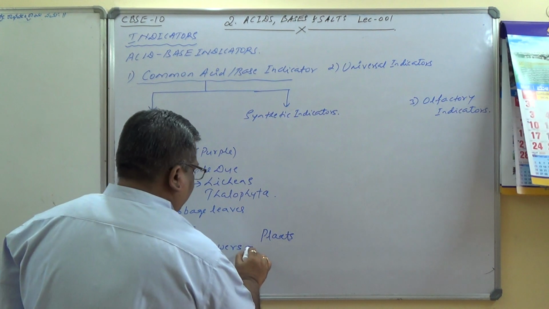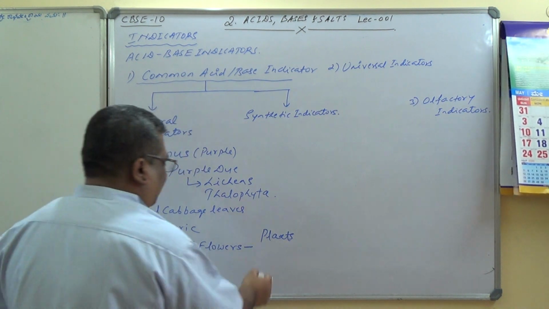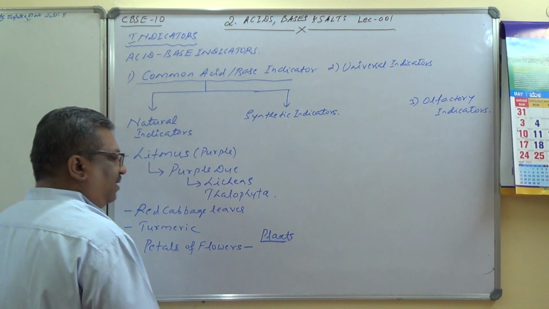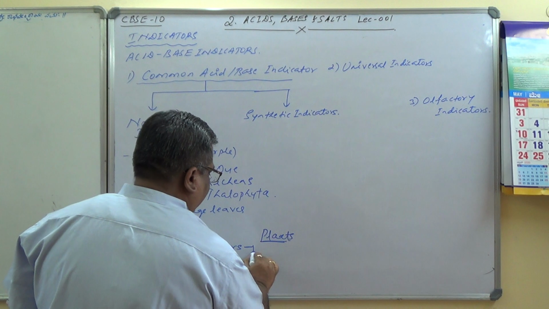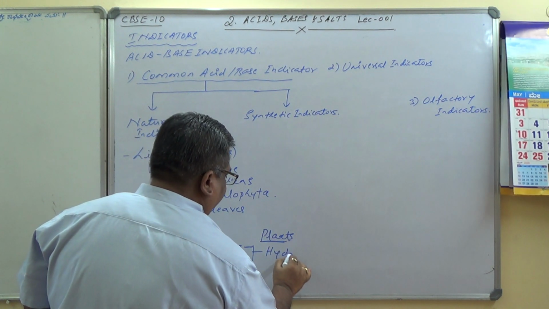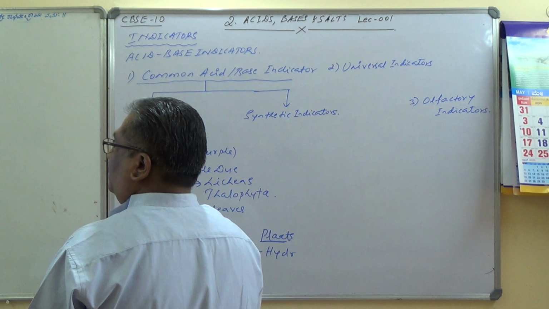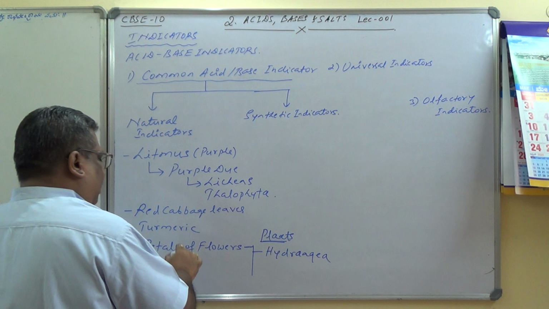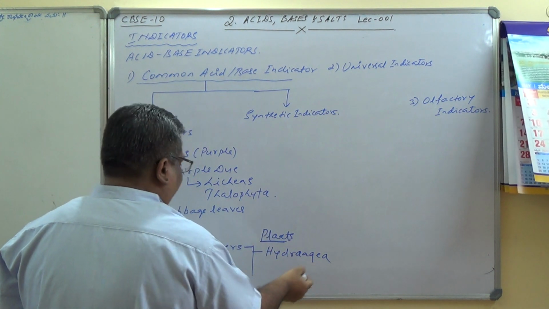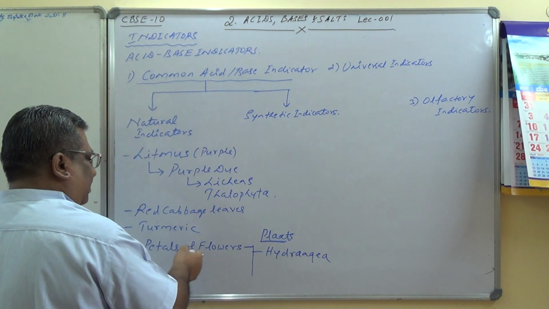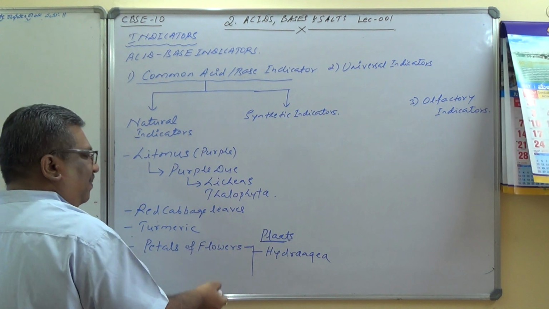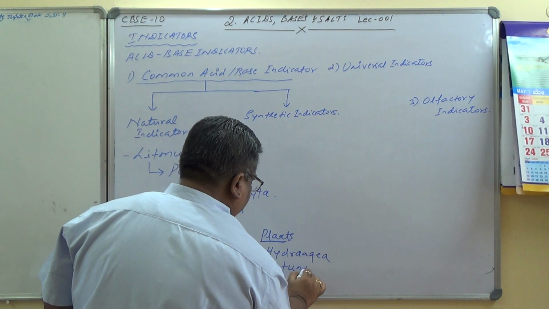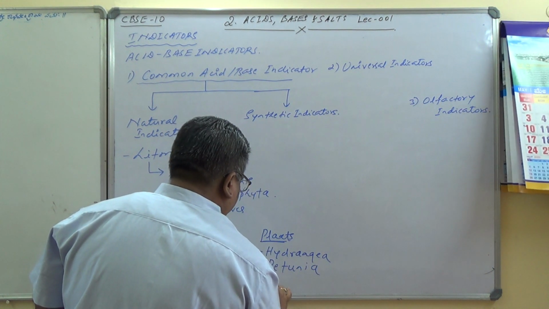There are three categories of plants whose flower petals act as acid base indicators: hydrangea, petunia or geranium.